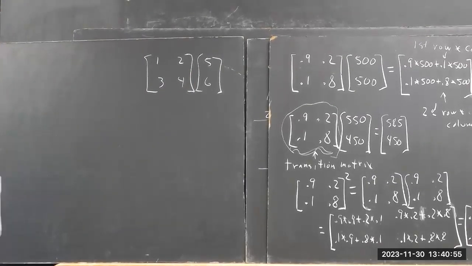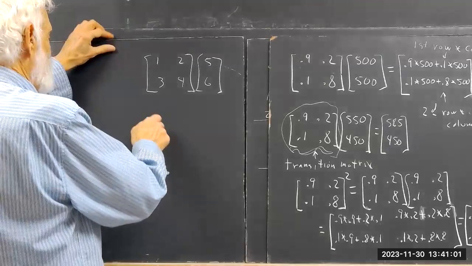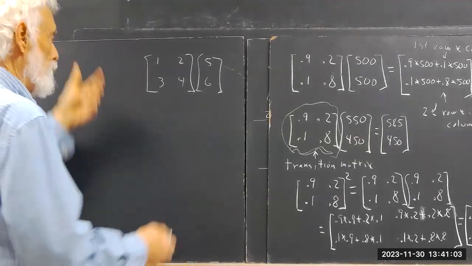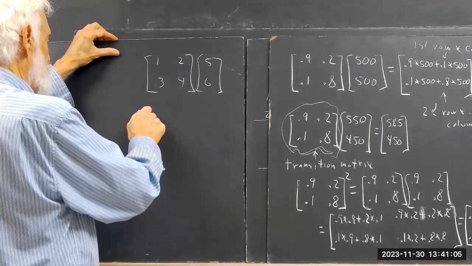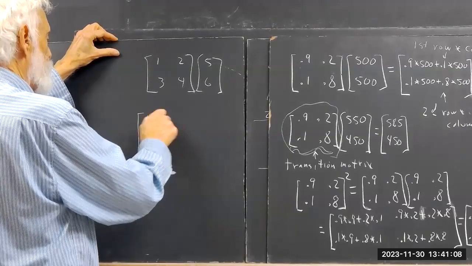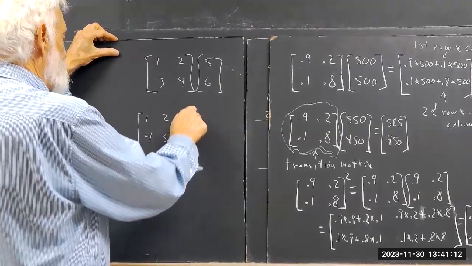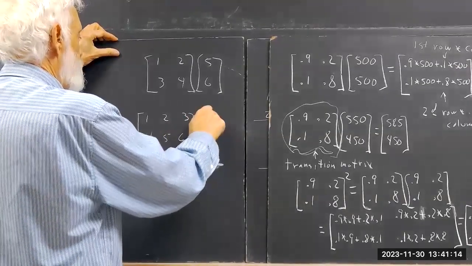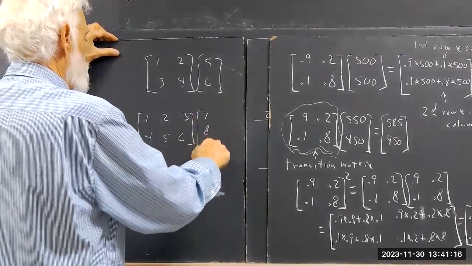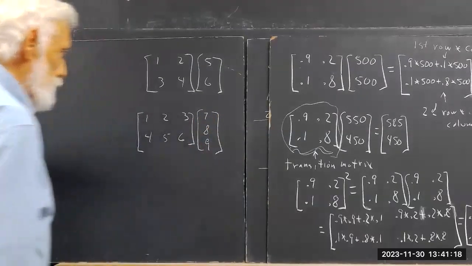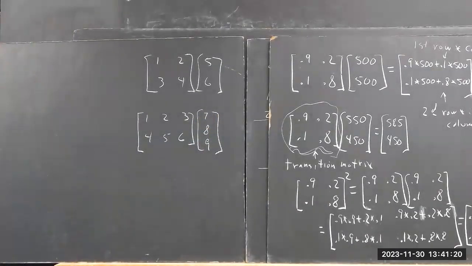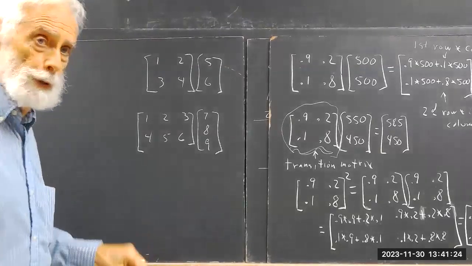It doesn't have anything to do with 1, 2, 3, 4, 5, 6. The answer won't be anything you can get from the sequence 1, 2, 3, 4, 5, 6. That's enough to illustrate matrix multiplication.